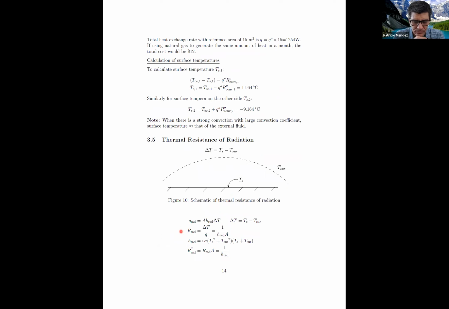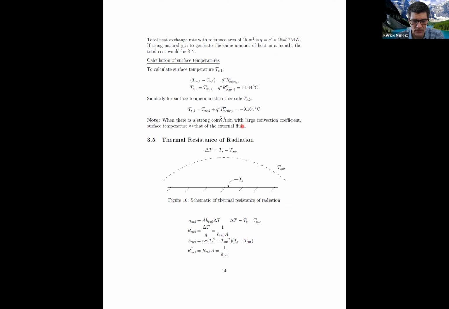So I'm going to calculate now the temperatures of the surface of the wall, inside and outside. That is the temperature, if you touch the wall, that's the temperature you would feel. And what do we see? Let's start with the outside.